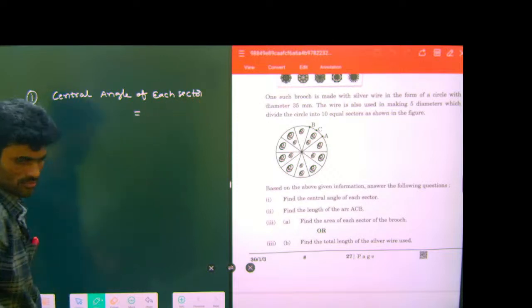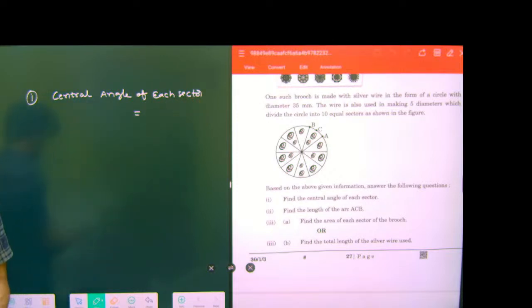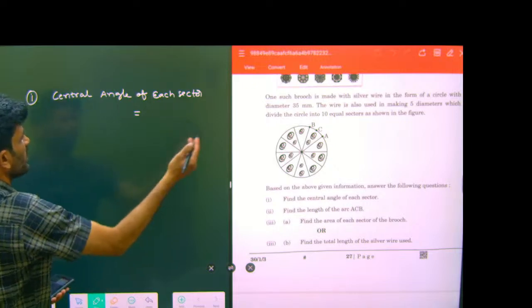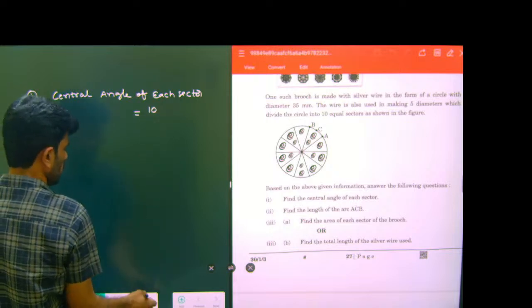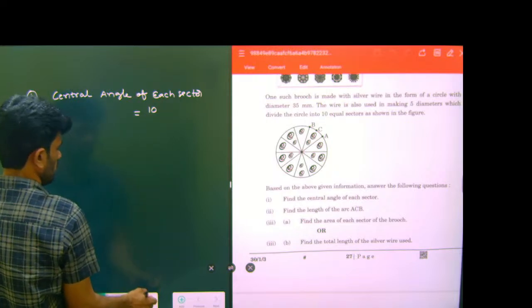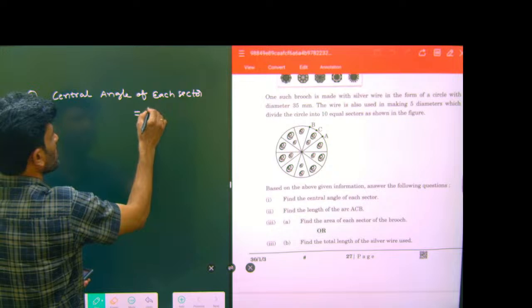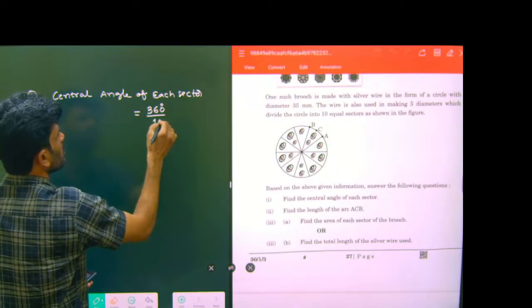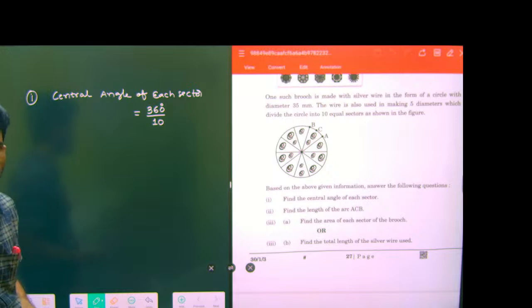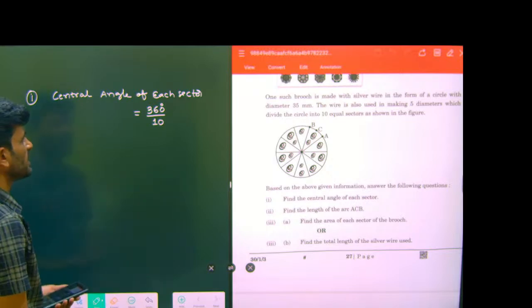Because it is divided into 10 parts, the total angle 360 should be divided by 10. The total angle is 360 degrees and it is equally divided into 10 parts.